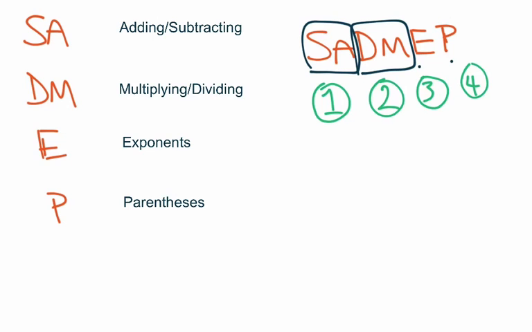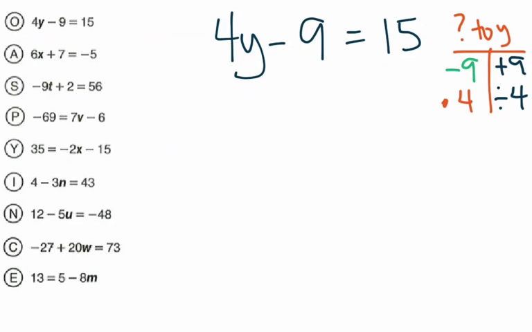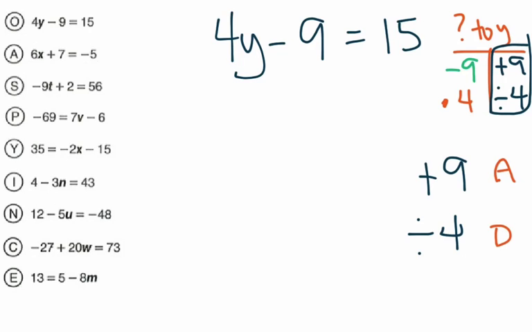So, we're going to go back to our original problem. Looking at the problem, based on what I have written here, I'm going to be adding 9 and dividing by 4. So that's A for addition and D for division. I'm going to write SADMEEP down here, and I'm going to decide which one I need to do first.